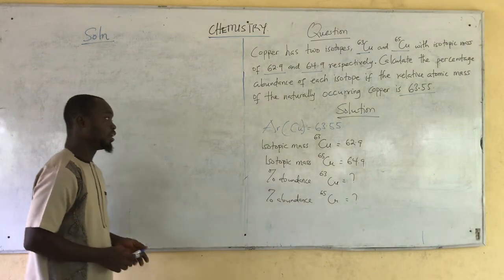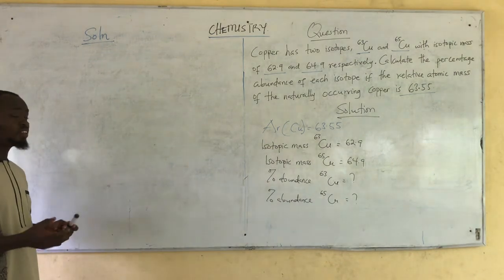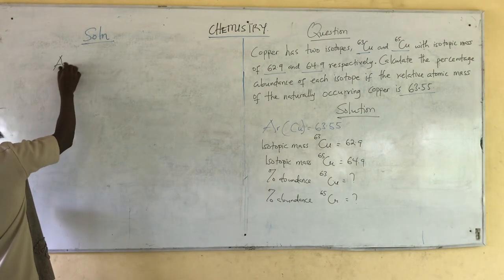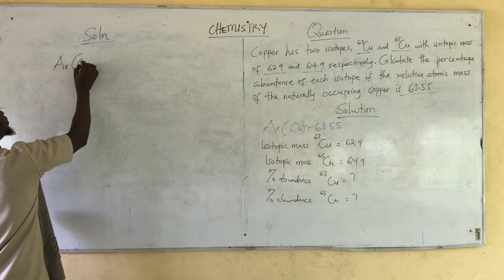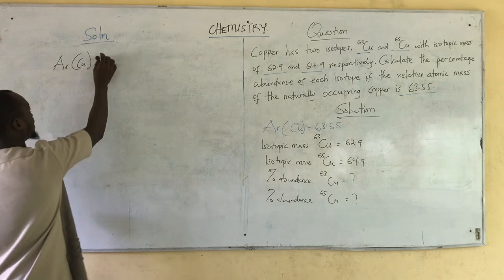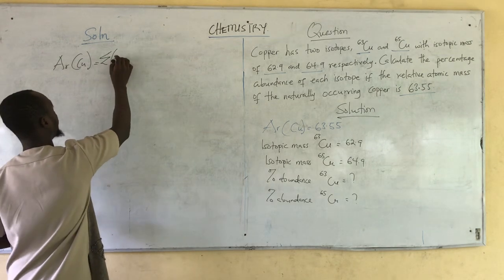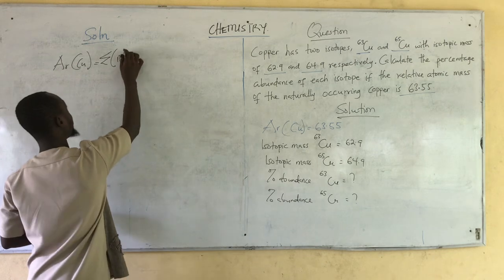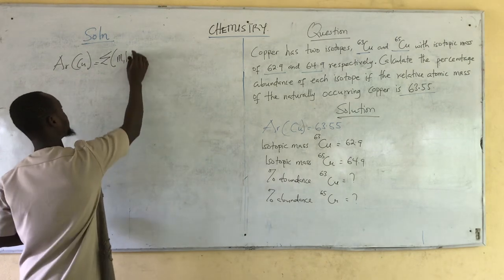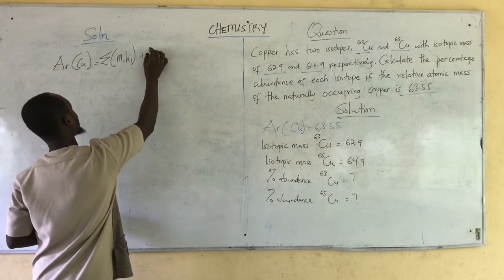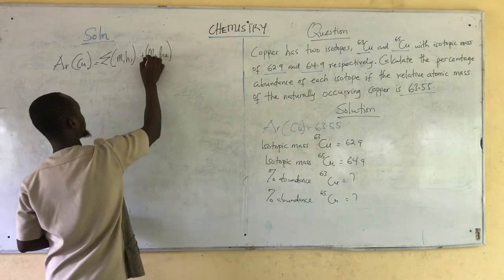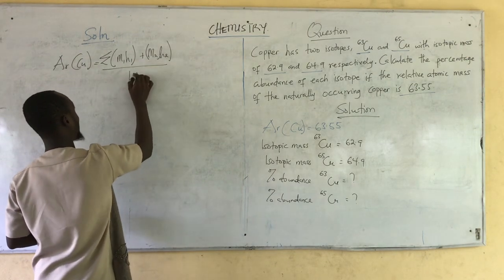Is that okay? Now, first of all, let's write our AR relation. We know that AR for copper, Cu, will be equal to the summation of the mass of the first isotope times its abundance plus the mass of the second isotope times its abundance, all divided by 100.